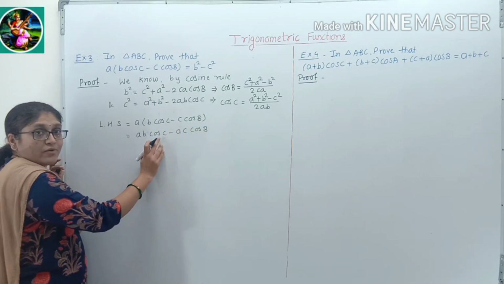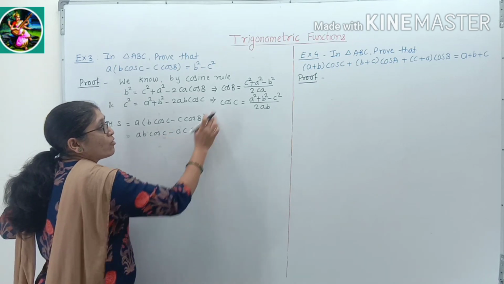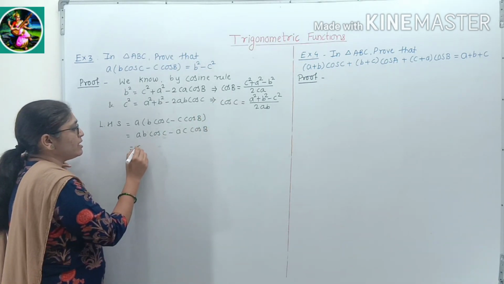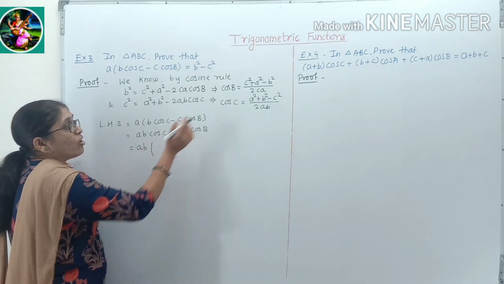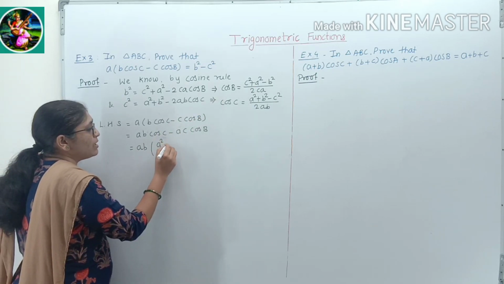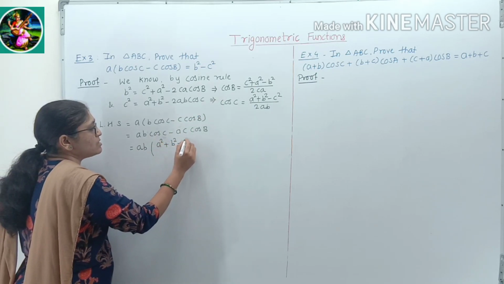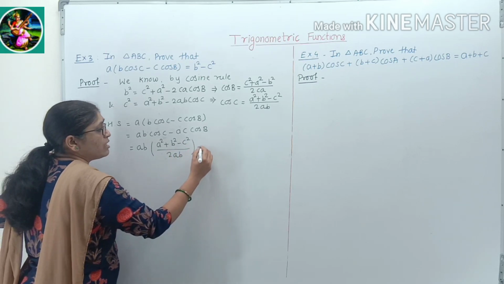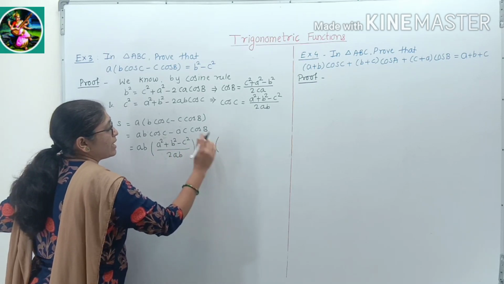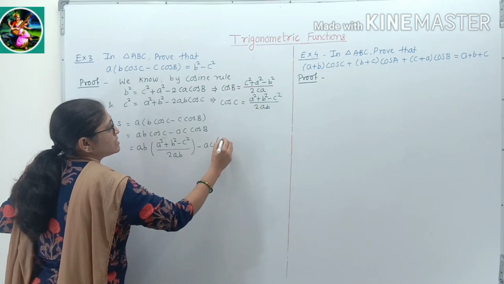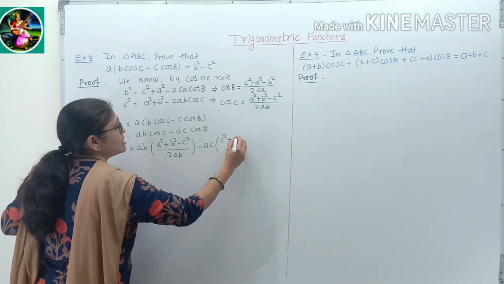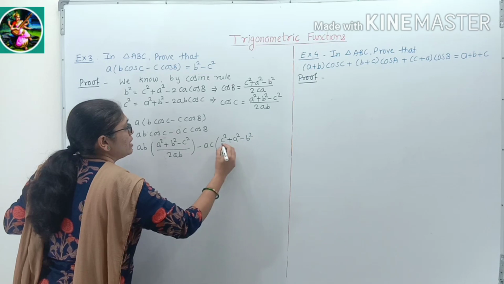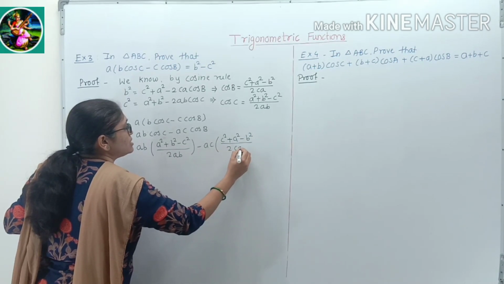We substitute the values of cos C and cos B here. That is ab into bracket, cos C is a square plus b square minus c square divided by 2ab, minus ac into bracket, the value of cos B, that is c square plus a square minus b square divided by 2ca.